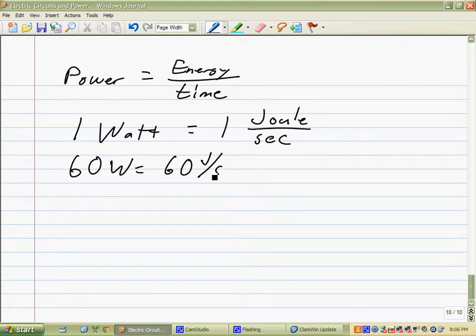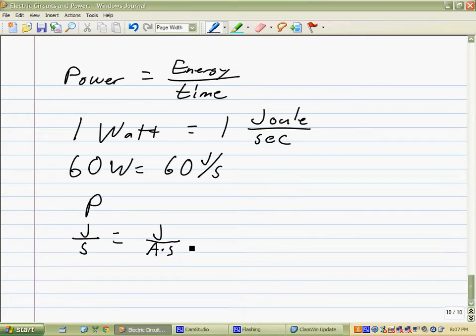Now, when we look at power and we talk about what power is, if power is in joules per second, we said that voltage is energy. Voltage is energy, so it's joules, and it's per amps times seconds. Current's measured in amps.